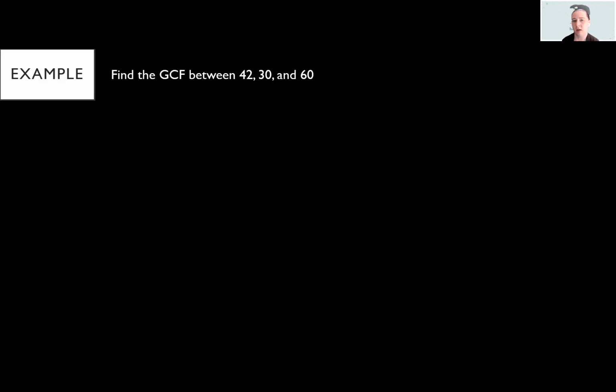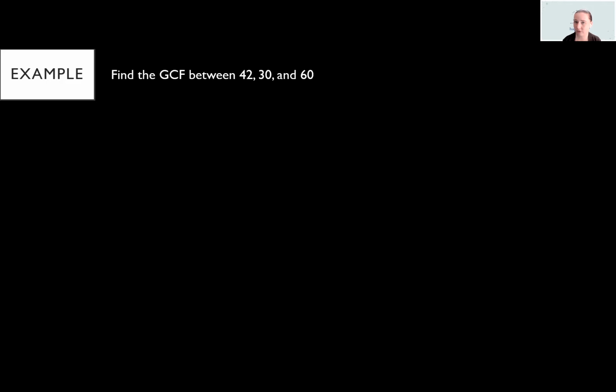So like here, we've got 3 numbers. We're looking for a number that I can divide into all 3 of these: 42, 30, and 60. This one I would probably do mentally, just knowing that already 6 is the largest that goes into 42 and 30, because we already did those. And now I'm adding 60, and 6 goes into 60.